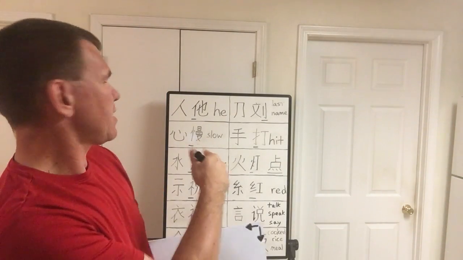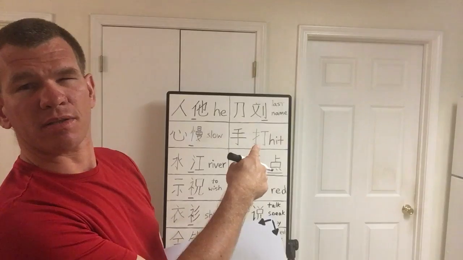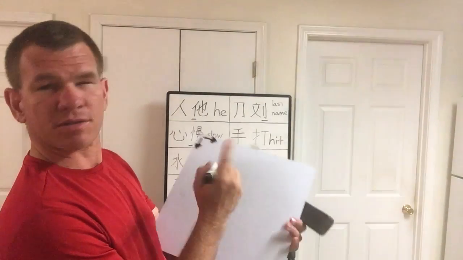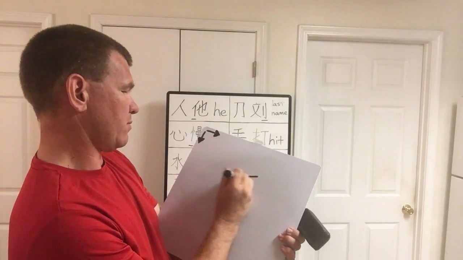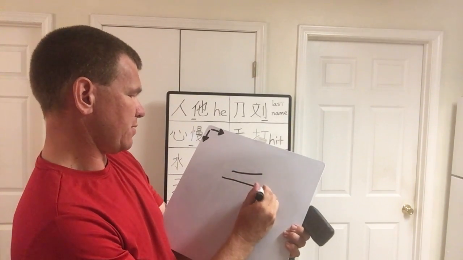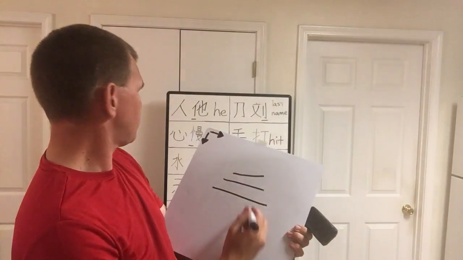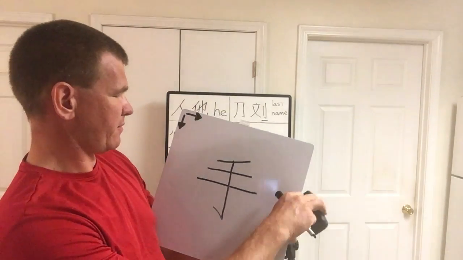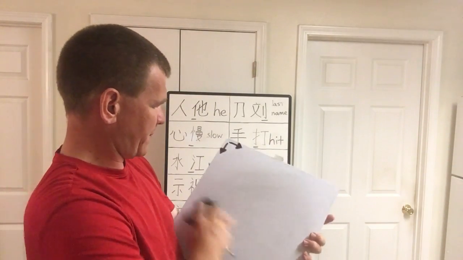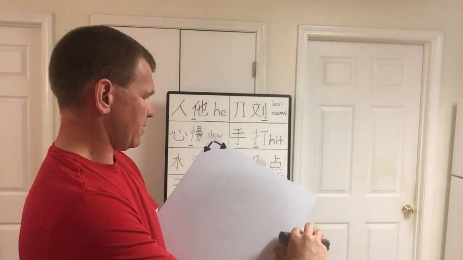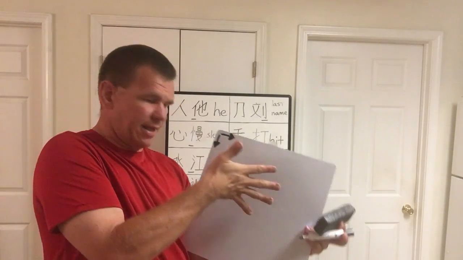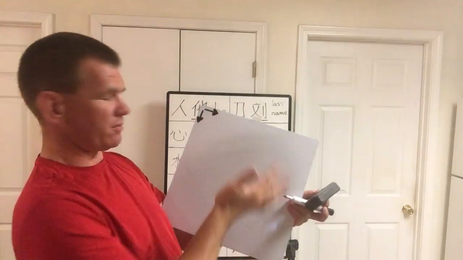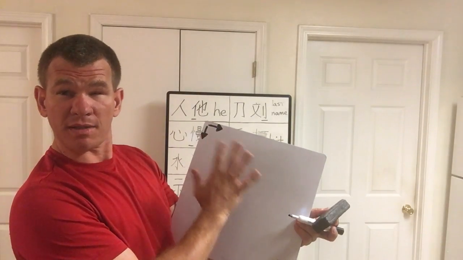The next one is hand, the second one on the second row on the right. So let's draw a hand. 1, 2, 3, 4. That's hand by itself. The hand is sideways like this, maybe it's down, I don't know, but it's not up like this.